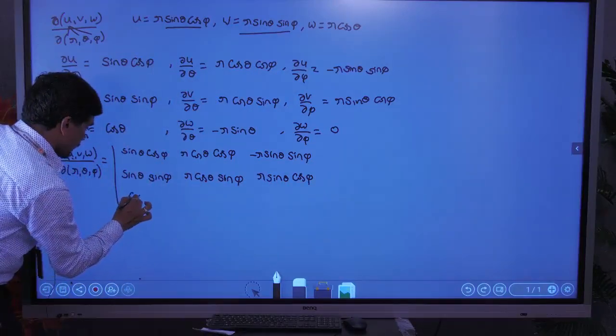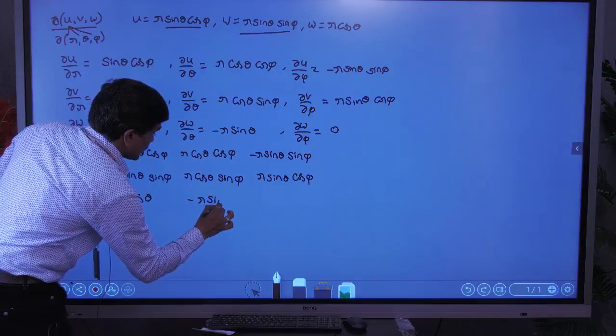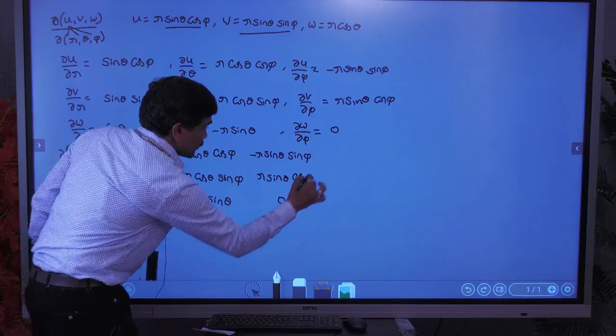Now here write cos θ, minus r sin θ, and here 0.